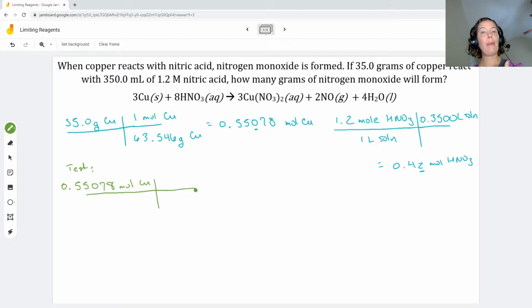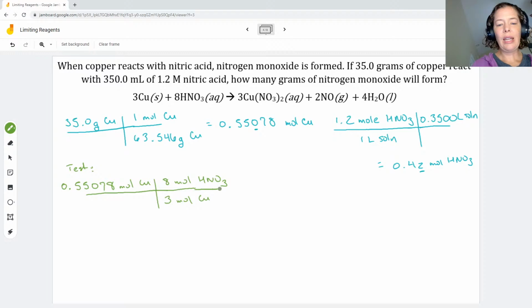Again, the question I'm asking mathematically is, if I'm going to react all of that copper, how much nitric acid am I going to need? So I'm going to use my stoichiometric ratio between my copper and my nitric acid. Again, always make sure you're writing your units down. It is so easy to get these stoichiometric ratios backwards.